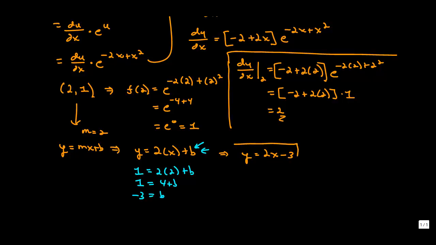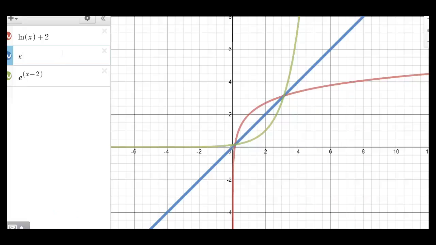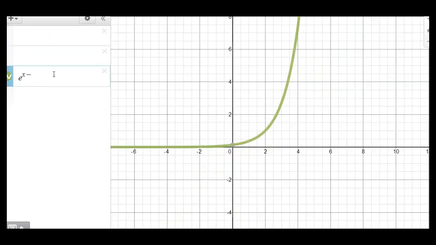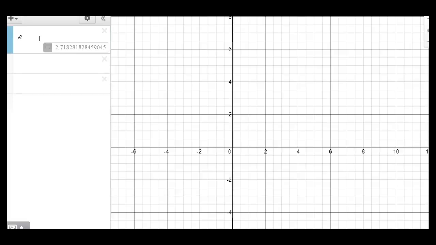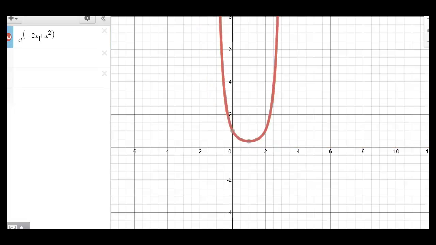So this is our answer, and we're going to check that using some kind of graphing software. Or we can probably just use something like Wolfram Alpha to check it. Now what I like about the graphing software is at least it gives us a picture of what's going on. So I'm going to delete these graphs right here and put in our function, which is e raised to the quantity negative 2x plus x squared.